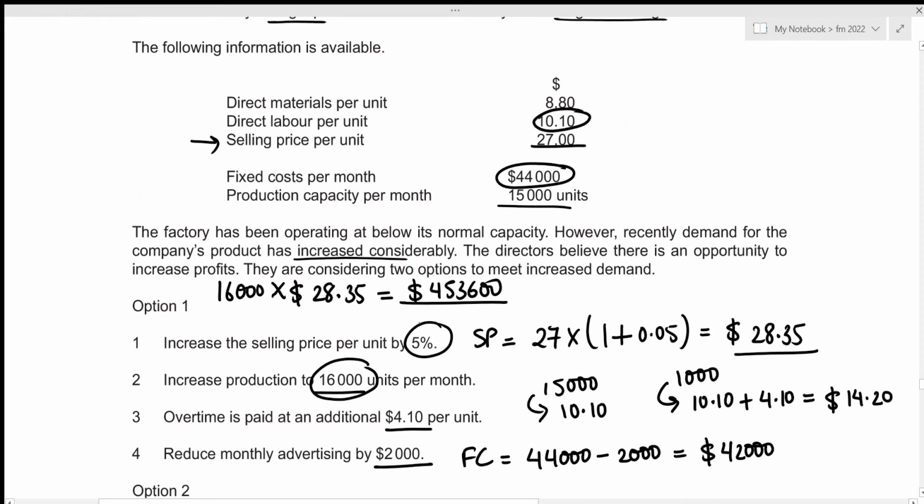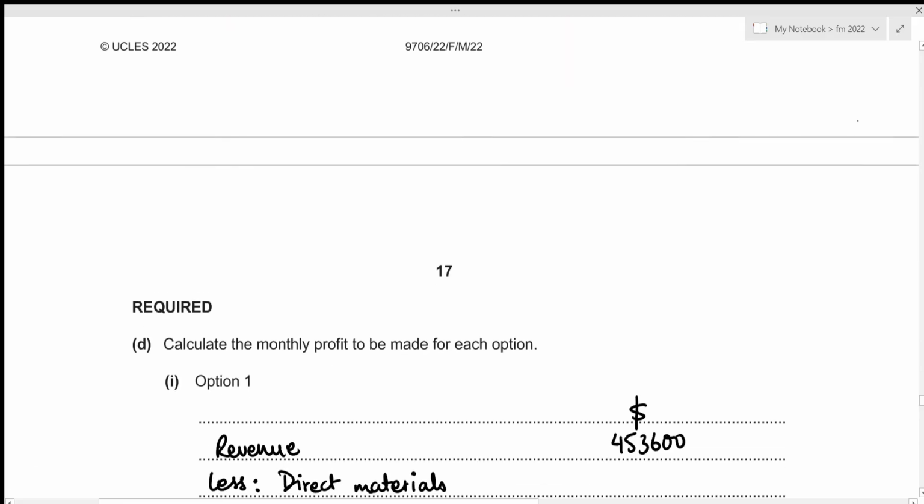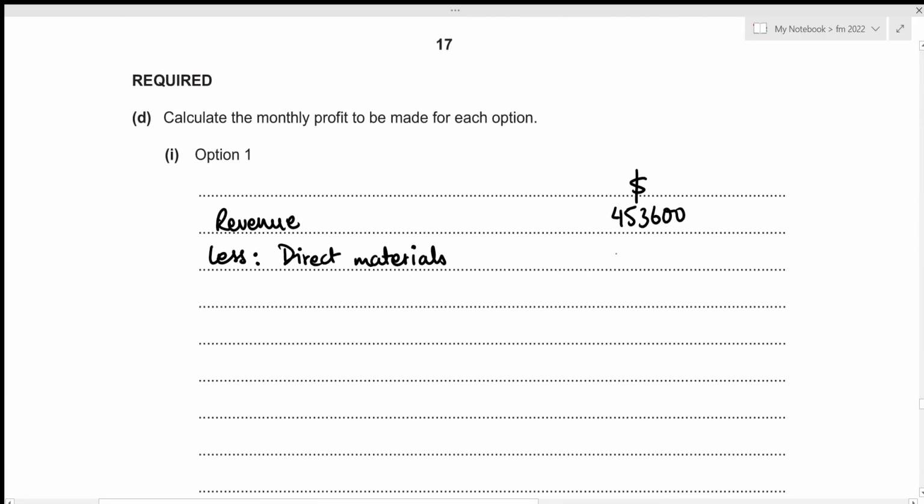There are no changes to be made to the direct materials per unit, which means that we can just multiply this rate of 8.80 by the total units of 16,000, which is 16,000 times 8.80, and this gives the total direct materials under option 1 to have the value of 140,800. Let's record this in our statement. That is 140,800, and since we are subtracting it, I'm just going to record this in a bracket.